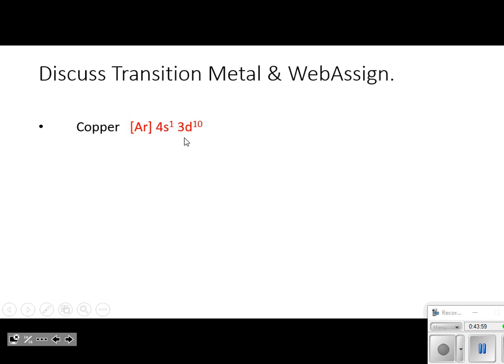So we can see that since it's only the 4s1 and 3d5, that element is transitioning. That electron is transitioning. Do you understand how to tell whether that's a transition element? Because you're going to have to write those transition elements like that, with the 4s1, 3d10.